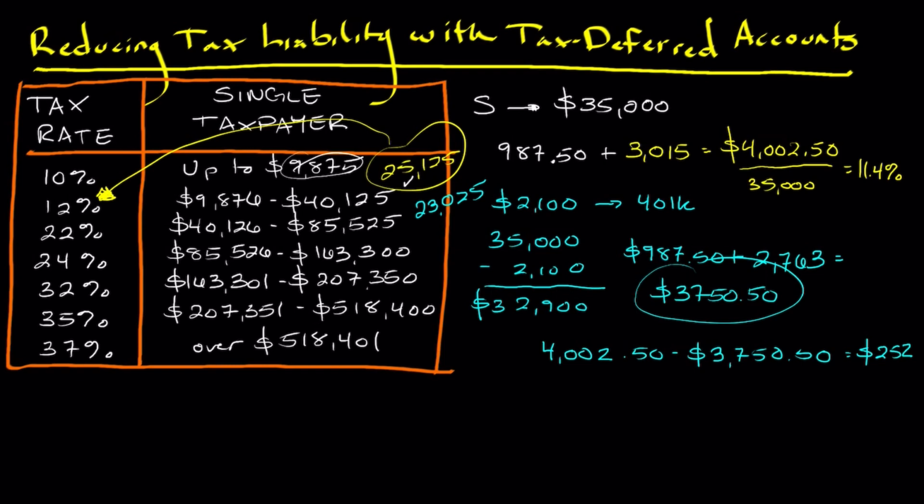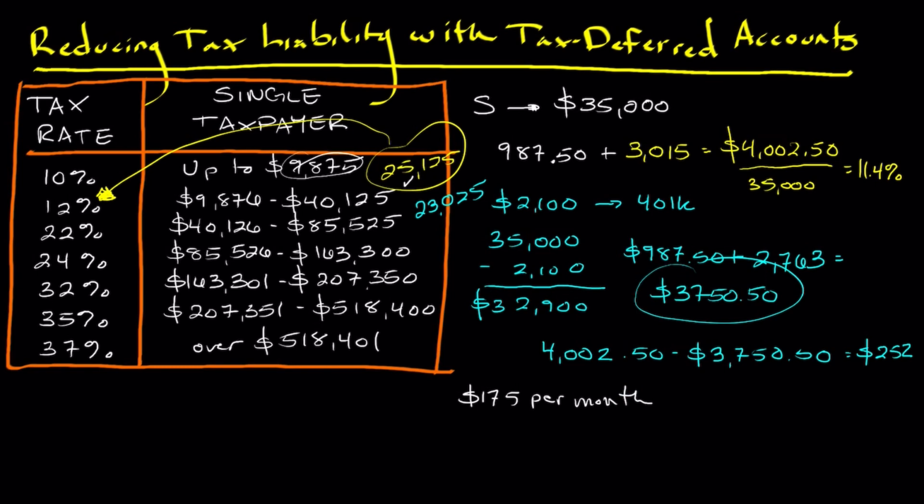So the interesting thing is when we compare things apples to apples, if you will, if I were to do this $2,100 monthly, that would cost me $175 per month contributing towards my 401k. But if you really look at it, that $252 in savings means you're not contributing as much.